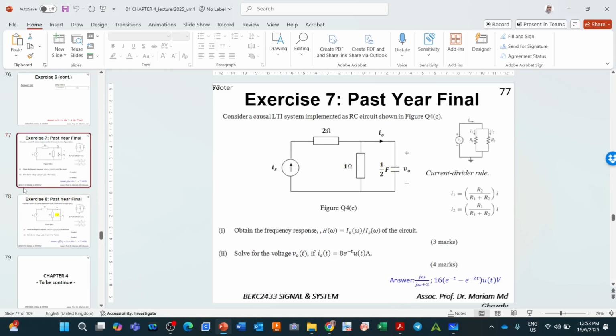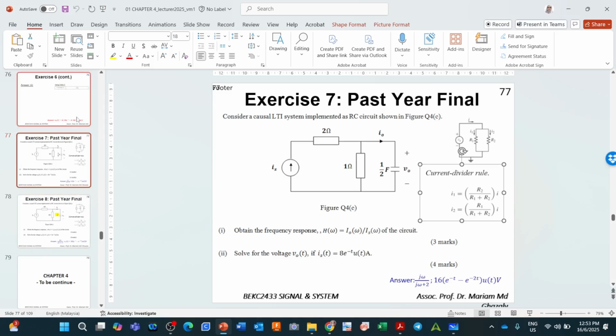Try to do it at home, because on Wednesday class we are going to discuss this. But I need you guys to actually try to come up with the solution. The solution is not in my slide. A tip that you can use here is to use the current divider rules.